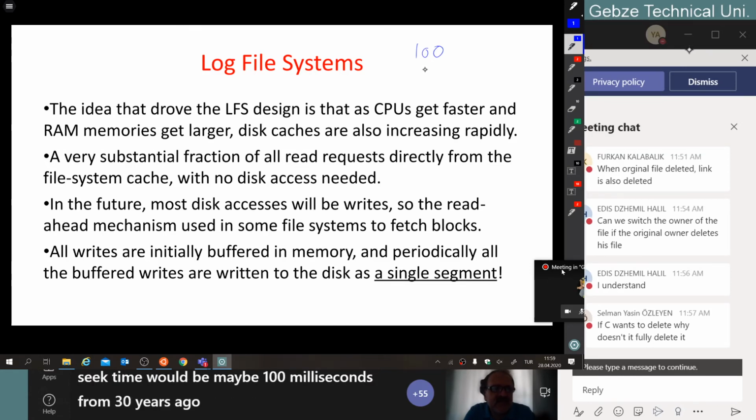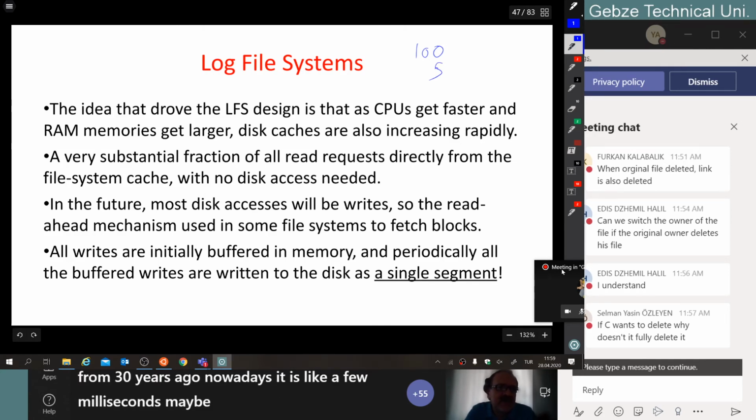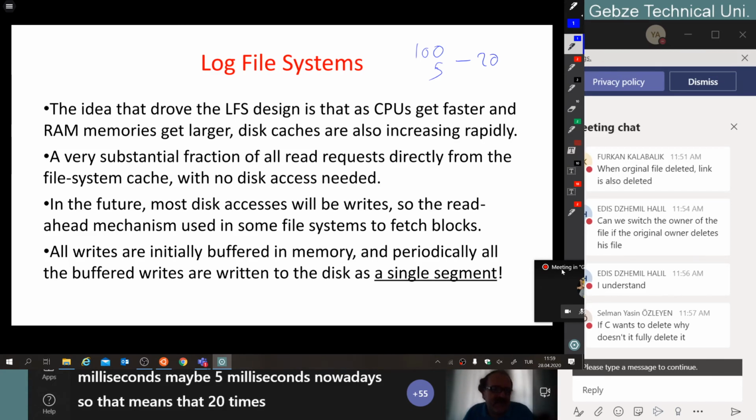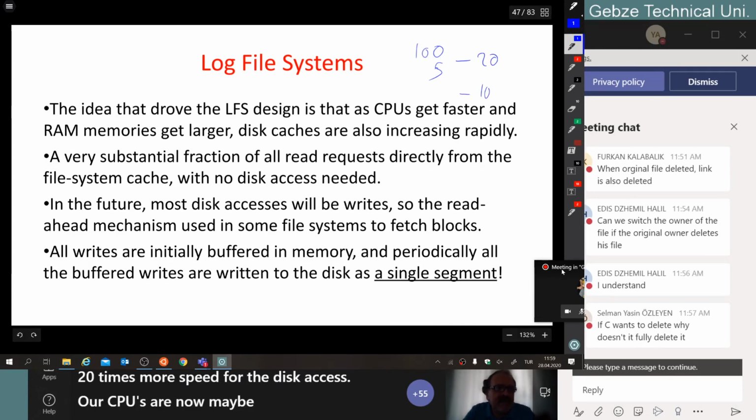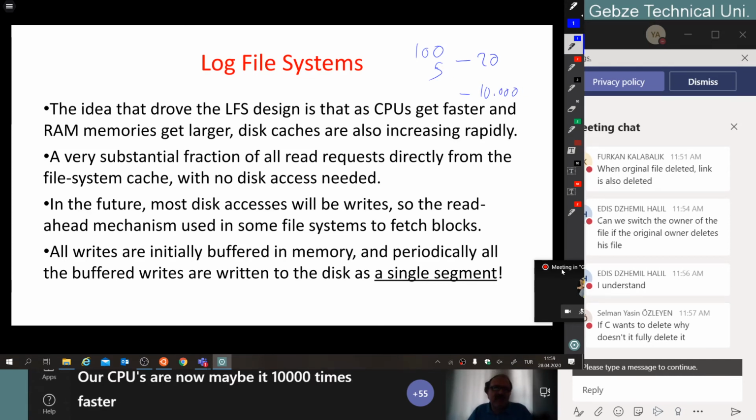Nowadays it is maybe 5 milliseconds. So that means 20 times more speed for disk access. But our CPUs are now maybe 10,000 times faster.